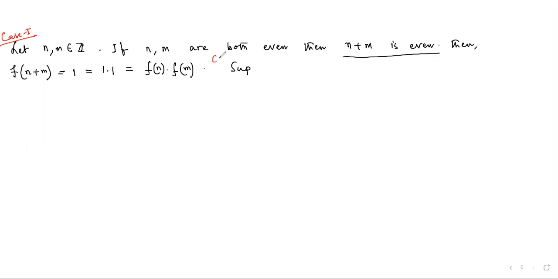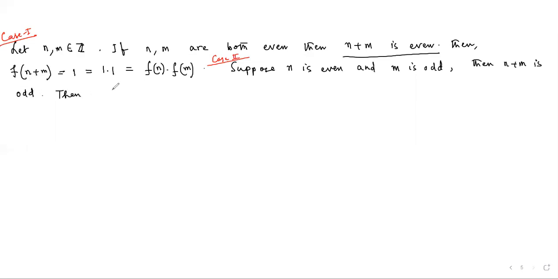Now I am doing case 2. Suppose n is even and m is odd, then n plus m is odd.